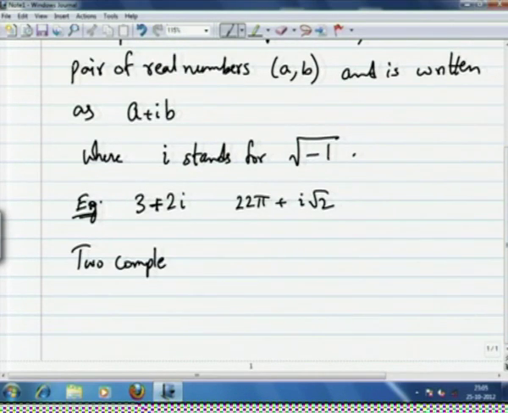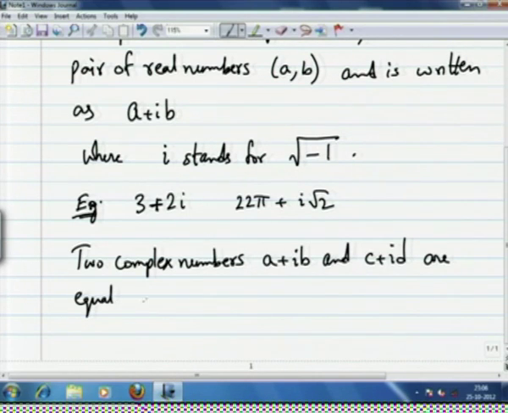And two complex numbers a plus I b and c plus I d are equal if and only if a is equal to c and b is equal to d.